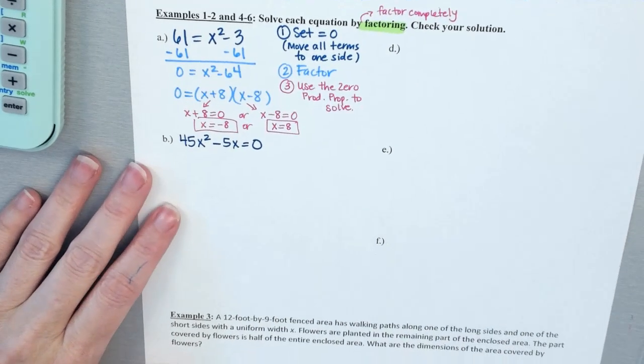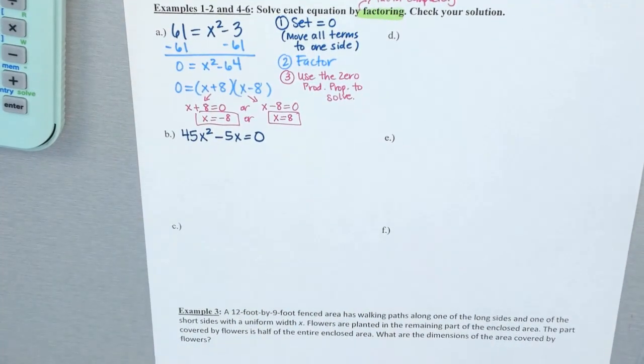Okay, now for B, everything is already equal to 0, so all you have to do is factor. So I want you to factor that. Remember, the first thing you look for is the GCF. So if you can take out the GCF, we're going to do that.